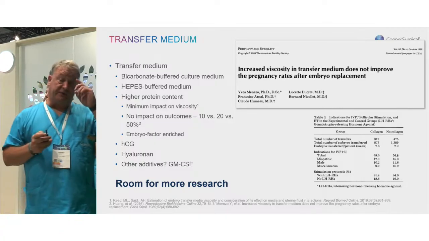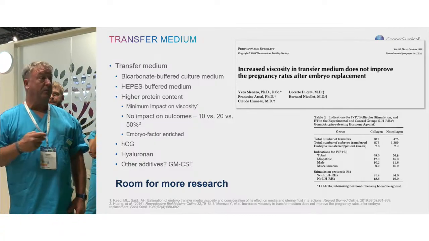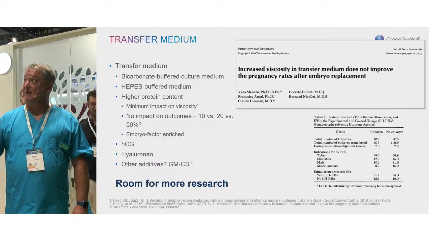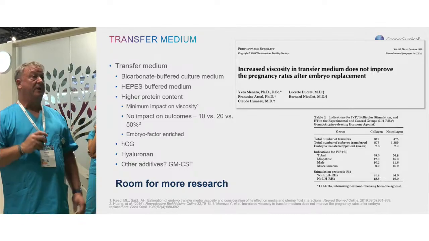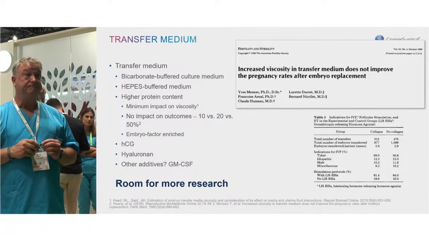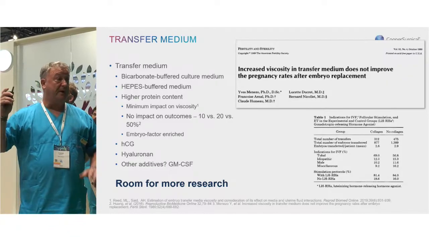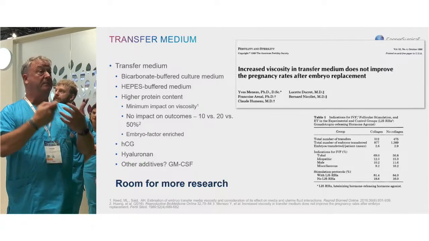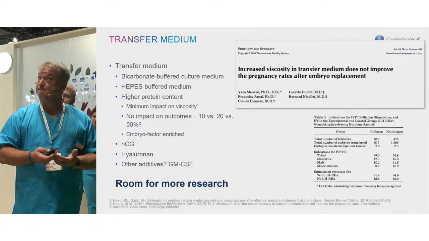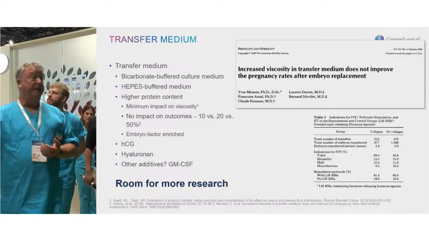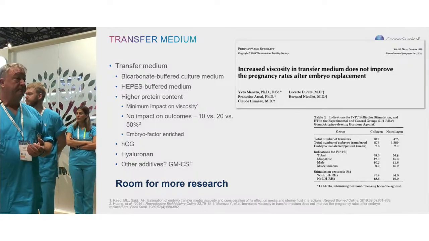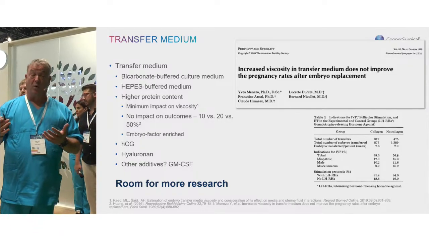A question I'm asked a lot when I travel around the world and talk to embryologists about embryo transfer is, what embryo transfer medium should I use? And again, we have multiple choices here. We can use a bicarbonate buffered media, so the medium that we would use for culture. We can use a HEPES or a MOPS buffered media to do the transfer without a problem.